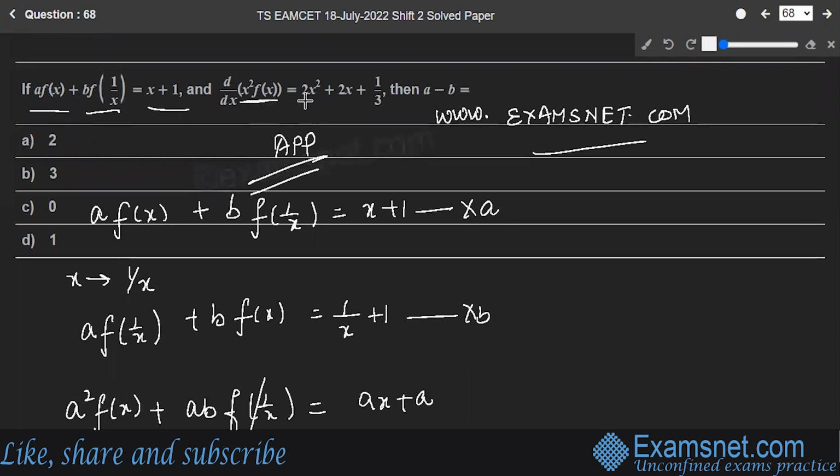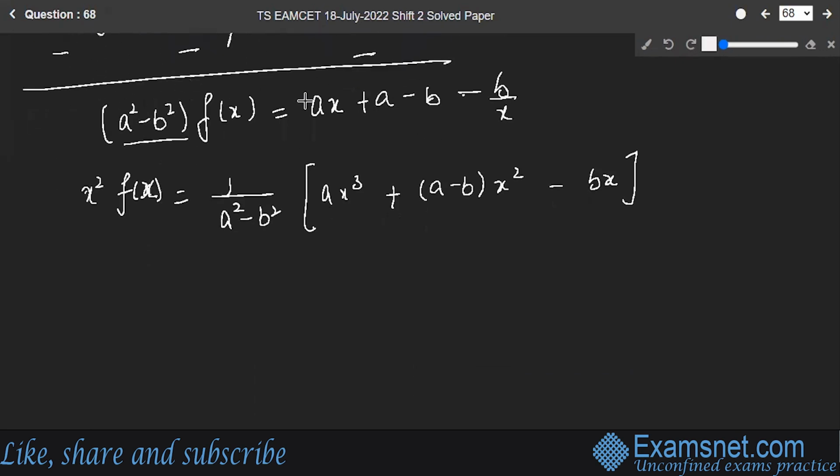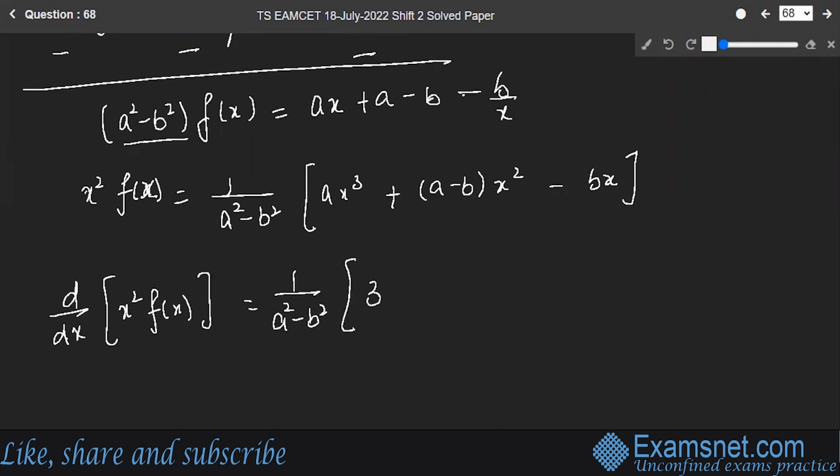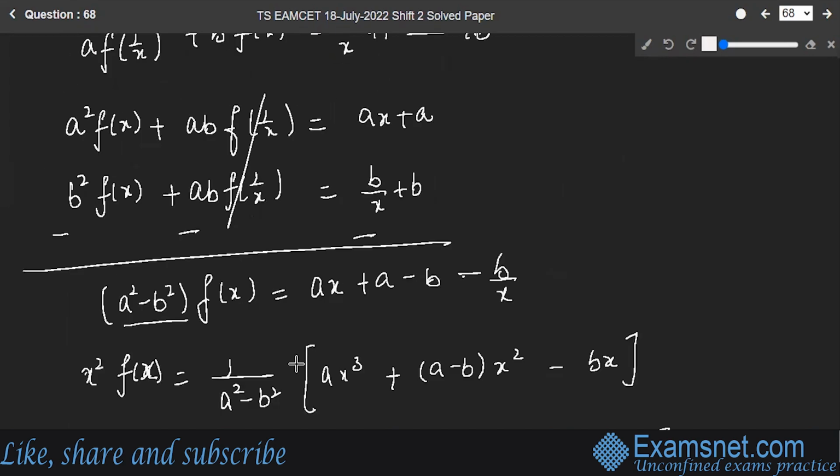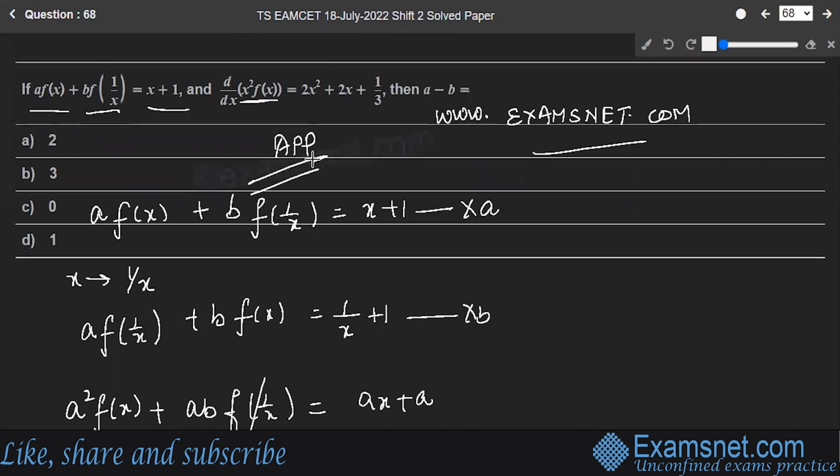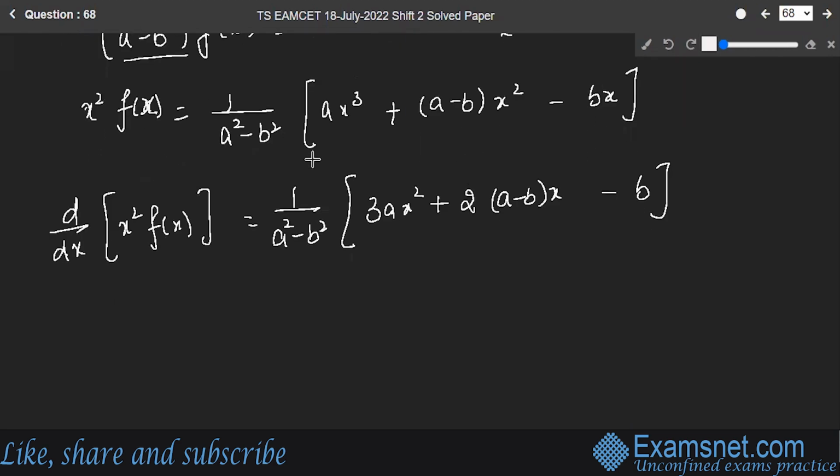We have got this thing. Now let's find the derivative of the left hand side. So d by dx of x square fx is given by 1 by a square minus b square, this will remain as such, and this will be 3a x square plus 2 into a minus b x minus b. Now, this is given to be equivalent to 2x square plus 2x plus 1 by 3.